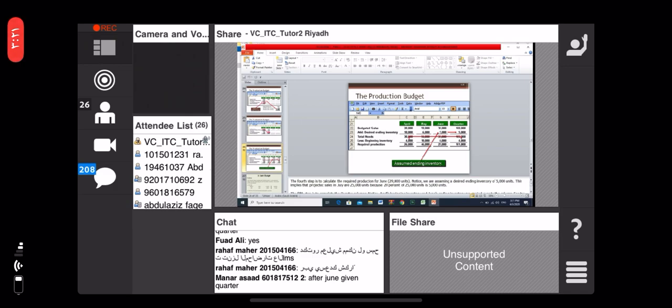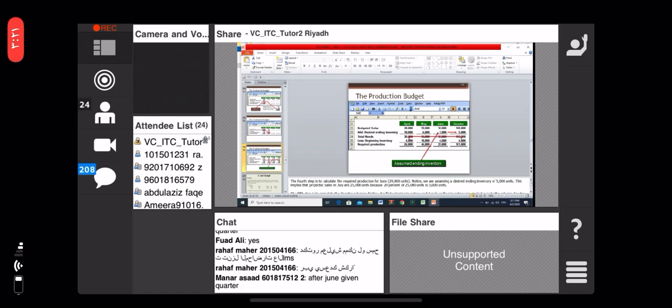This is the second quarter: April, May, June, so it is the total for the quarter.